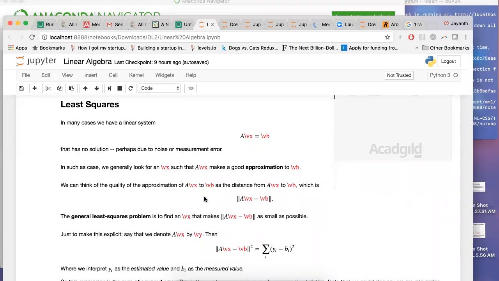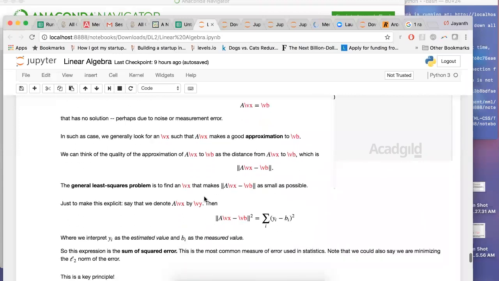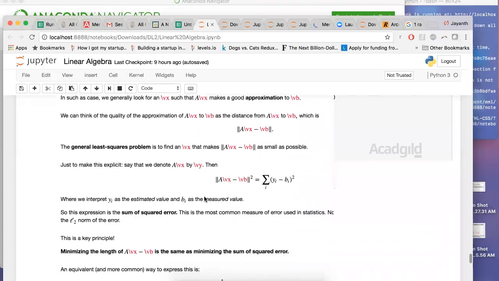In many cases, we have a linear system, A times vector x is equal to vector b. Sometimes that equation might not be true. There could be some gaps, so we look at the error in that approximation. Least squares is one of the classic errors.